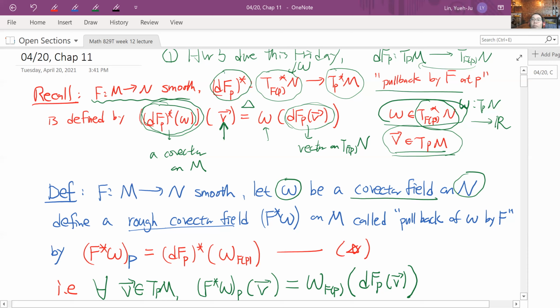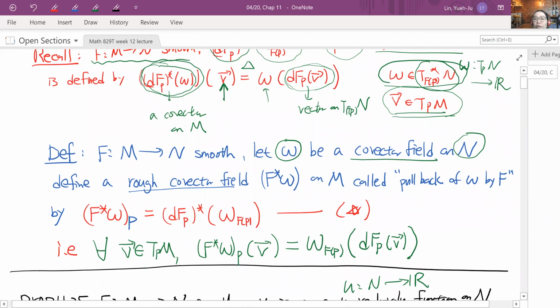But pullback is fine, because when you say pull back at P, you actually pull back from F of P. Once you give me the point P, F of P is uniquely defined, right? If you give me a fixed point P, F of P is definitely well defined. So pullback has a better property than push forward.